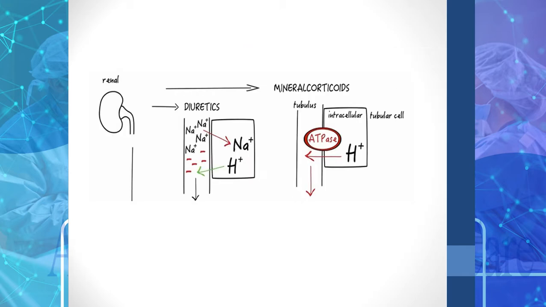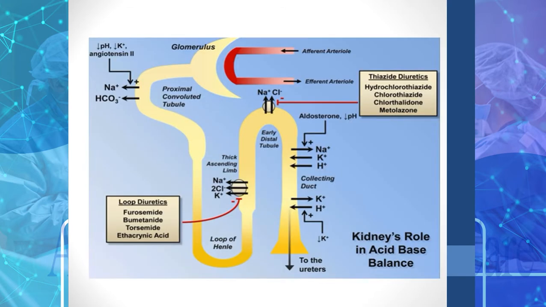Through the kidney, through the diuretic, as we said, diuretics can cause metabolic alkalosis by two causes: either losing fluid, or losing HCO3. The diuretics inhibit the reabsorption of sodium in the tubules of the kidney.